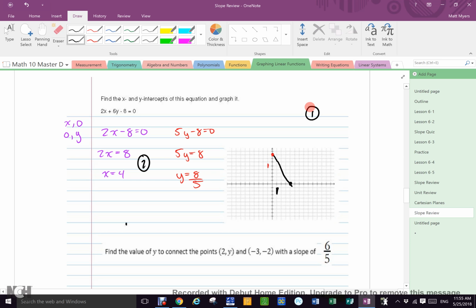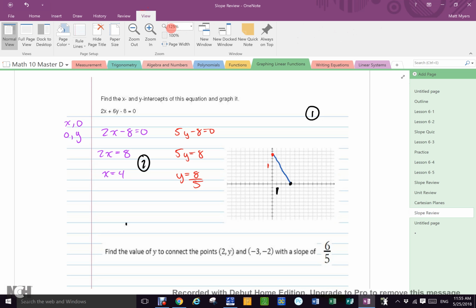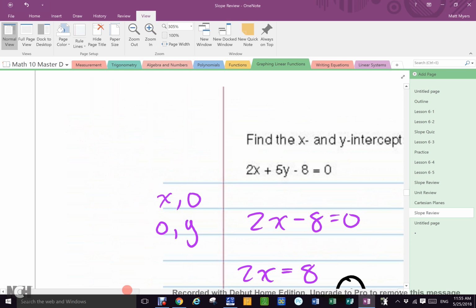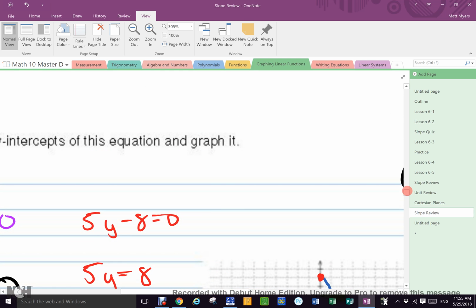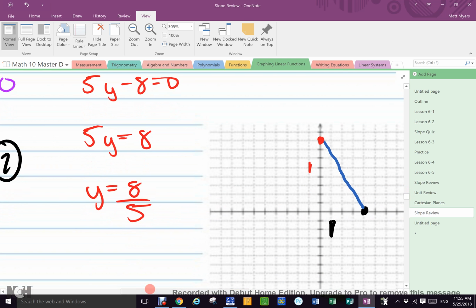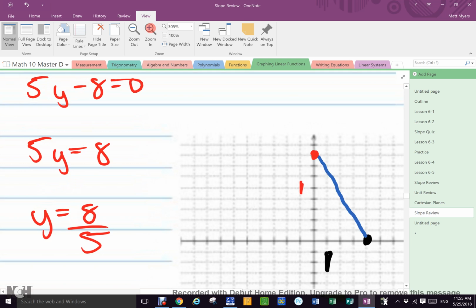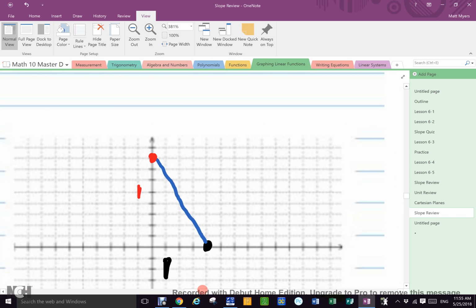Now listen to me, because I'm about to ask you a question that a great many of you are going to get wrong. What is the slope of that blue line? I will zoom in to make it easier on your young eyes. What is the slope of that blue line?